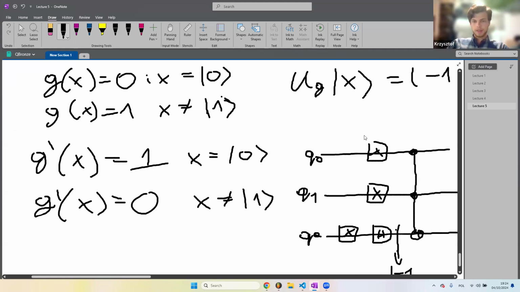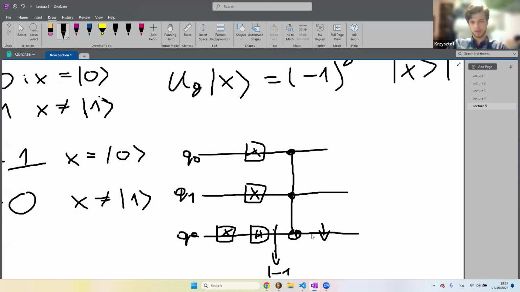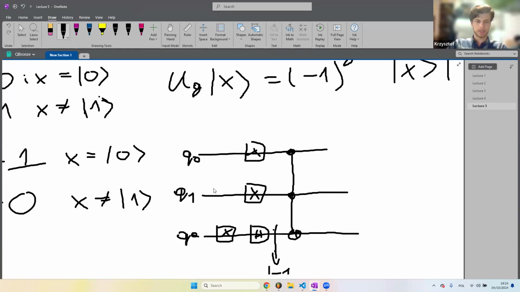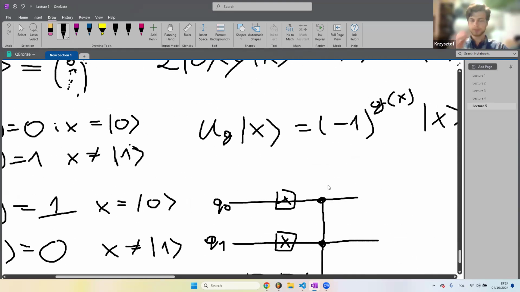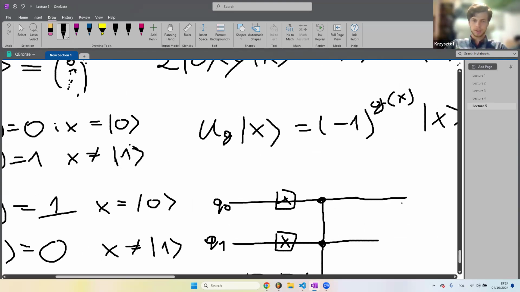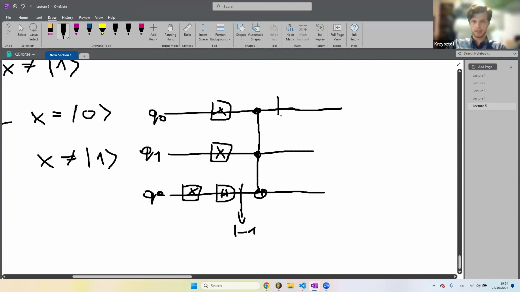But if either one of these qubits is not 0, or both of them are not 0, then this will not have any effect and the auxiliary qubit will not be changed. But in order to now switch from G prime to G, we'll have to apply another X gate after each and every qubit.